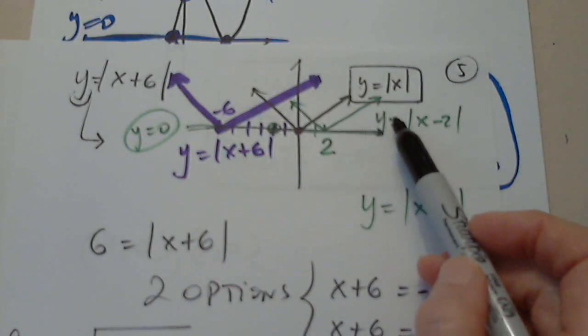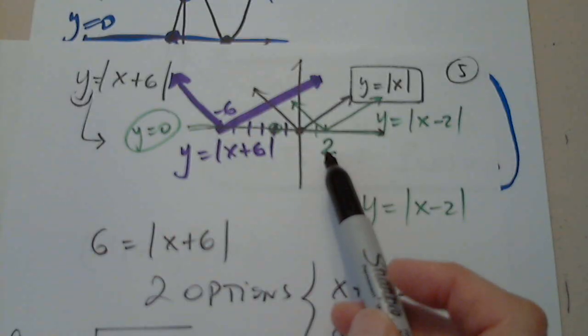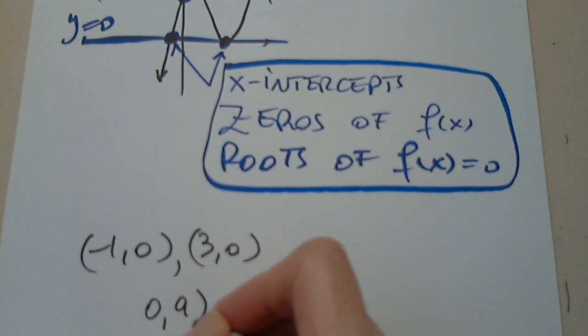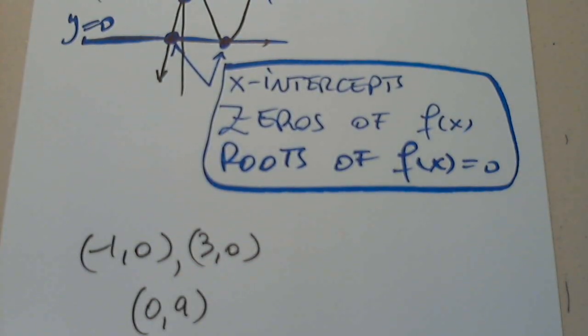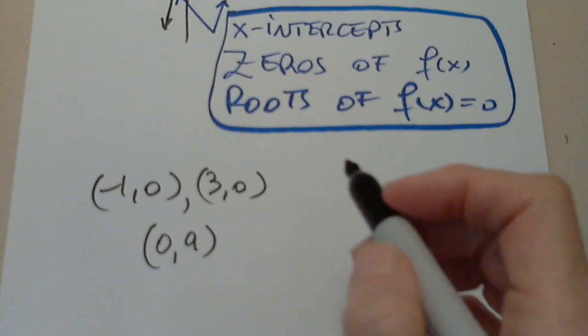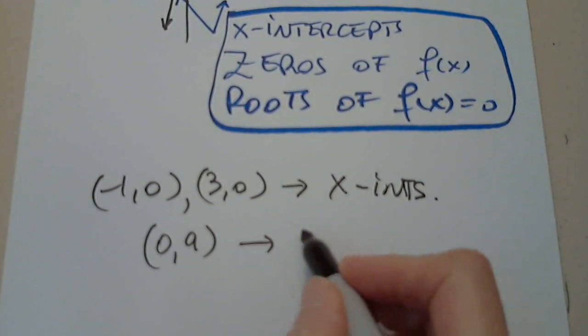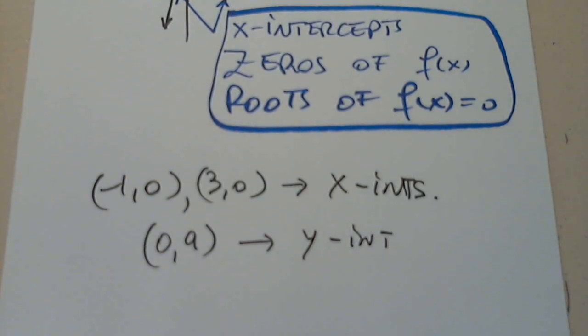When y is 0, x must be 2. Good. Can anyone now, not from my graph, give us the y-intercept in an ordered pair format? 0, 9. Indeed, because it's on the line that has x equals 0. So these are the x-intercepts, and this is the y-intercept. Good, perfect.